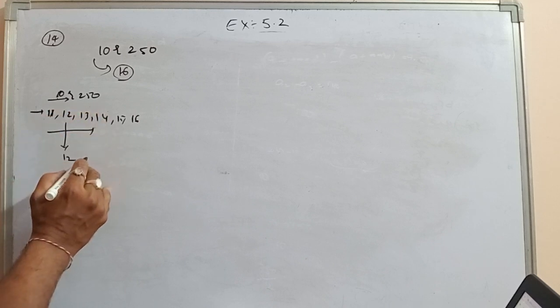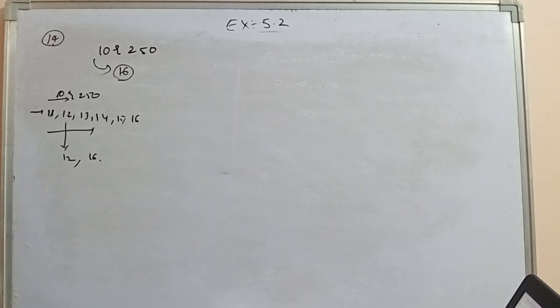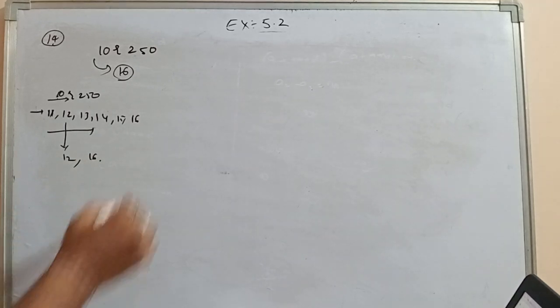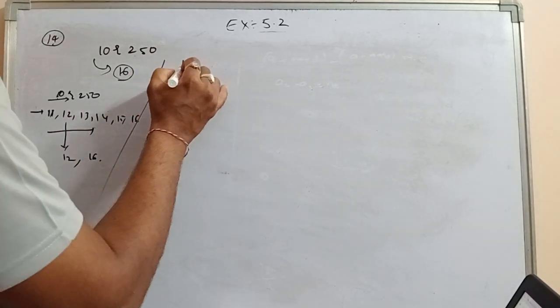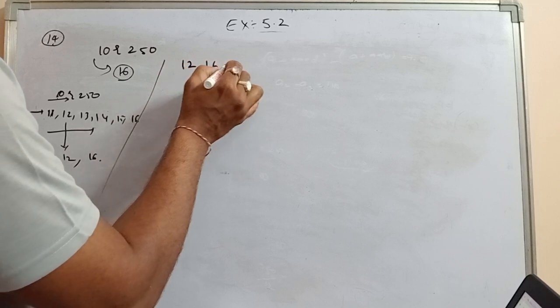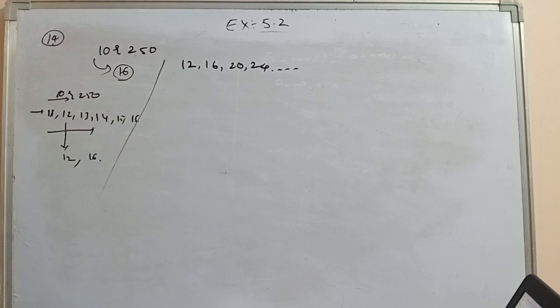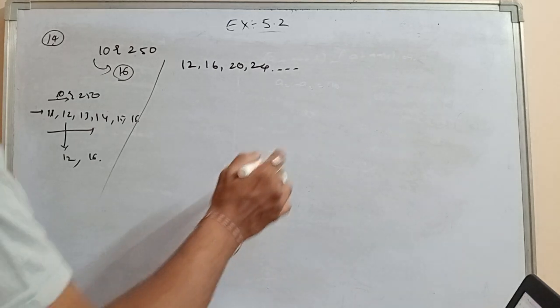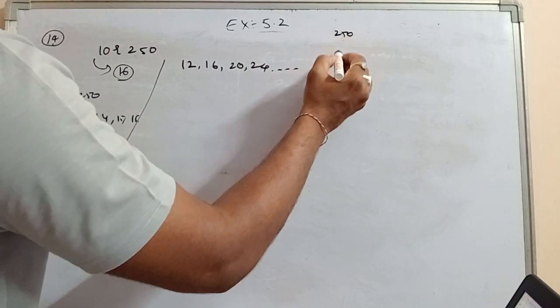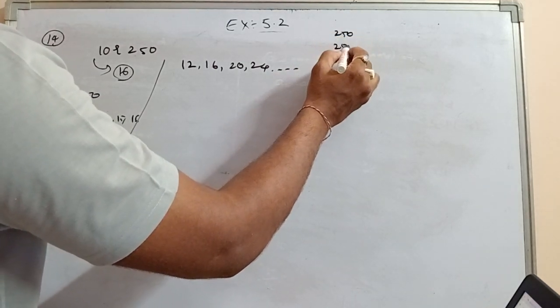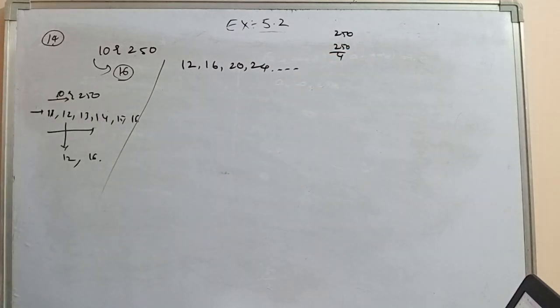After 12 it will be the multiples of 4: 16 in such a way. So we can write the given series as 12, 16, 20, 24 and so on. The last term is near 250, and it should be divisible by 4.